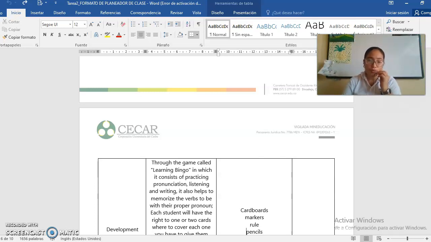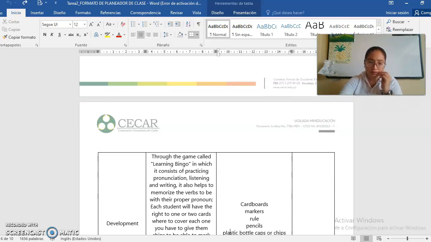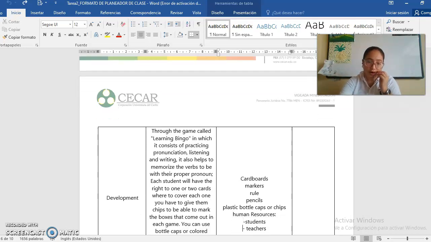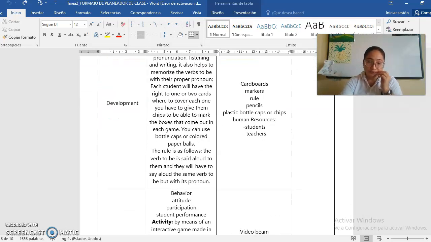Each student will have one or two cards, and to cover each one you have to give them chips to be able to mark the balls that come out in each game.